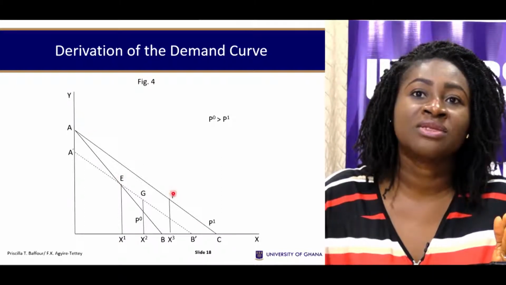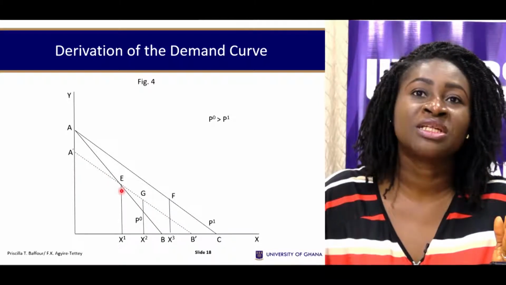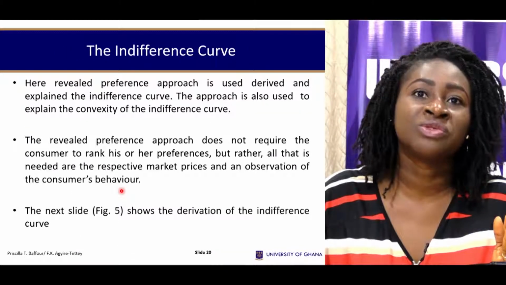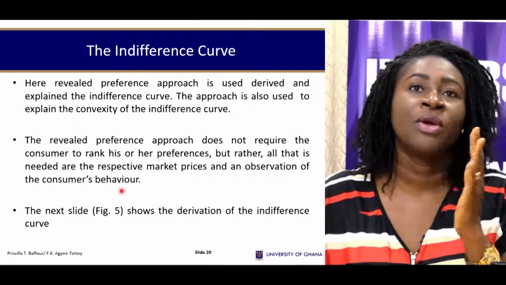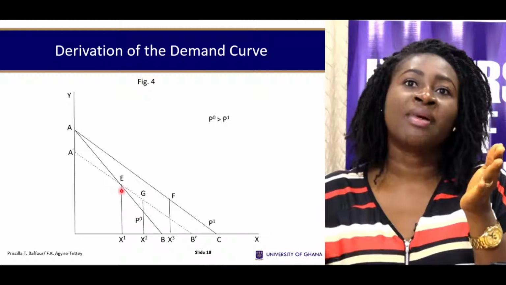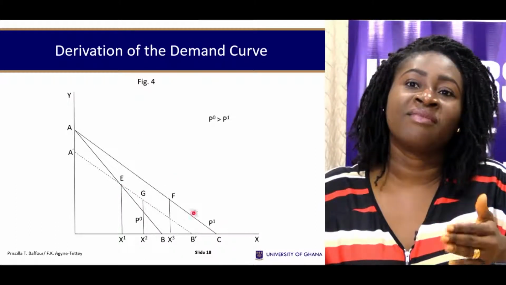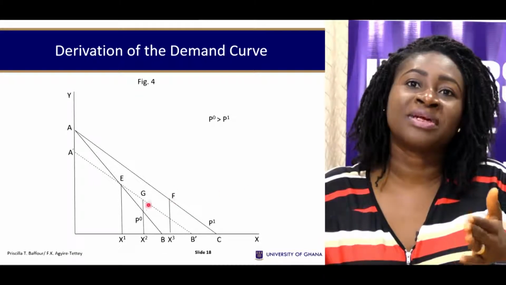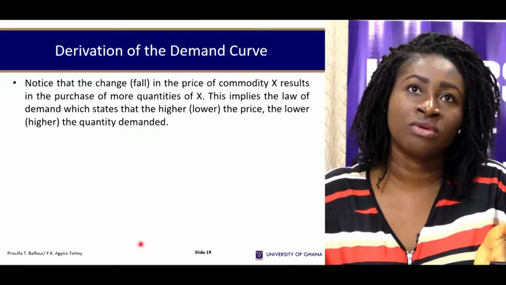An increase in price leads to F, and then we do some compensation, and the point moves to G. In that scenario, we can plot the demand curve by showing that as the price increases, the consumer demands less of the good.